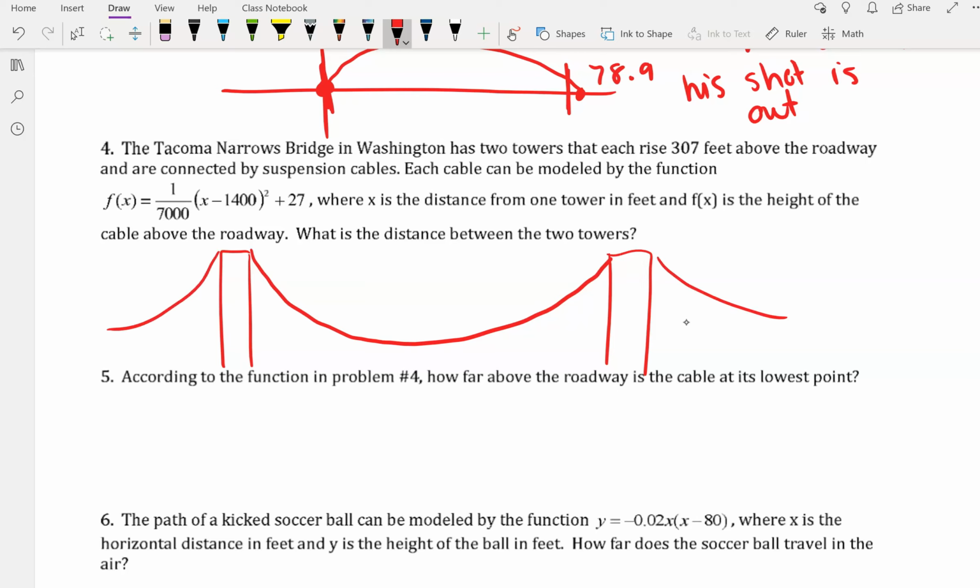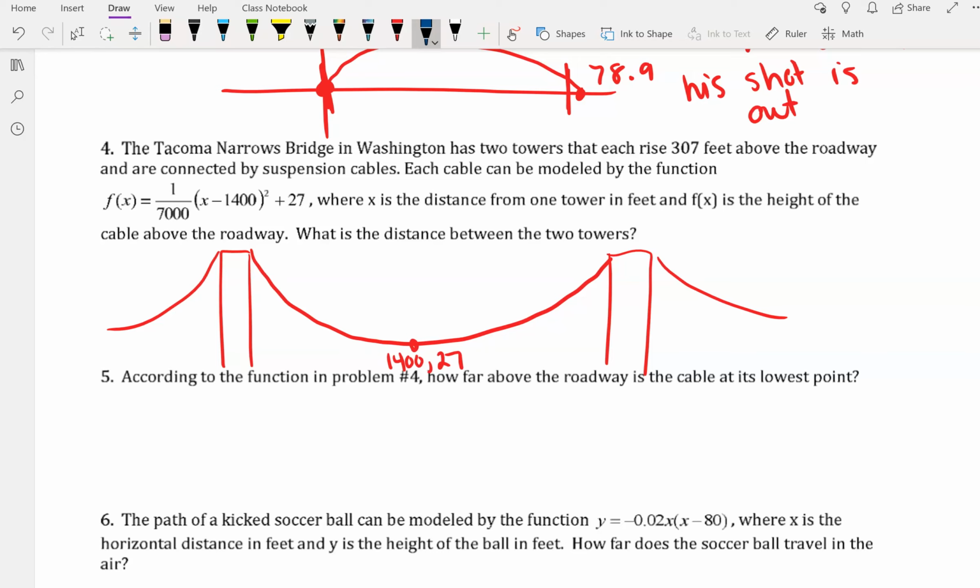So this is the parabola that we're talking about, and this is going to have a vertex of (1400, 27). And then we're going to use that information and the fact that each tower is 307 feet above the roadway to find out the distance between the two towers. So I'm just going to have you guys work on this on your own if you would like to, and you can pause the video and I'll put some answers up there for you in just a minute.